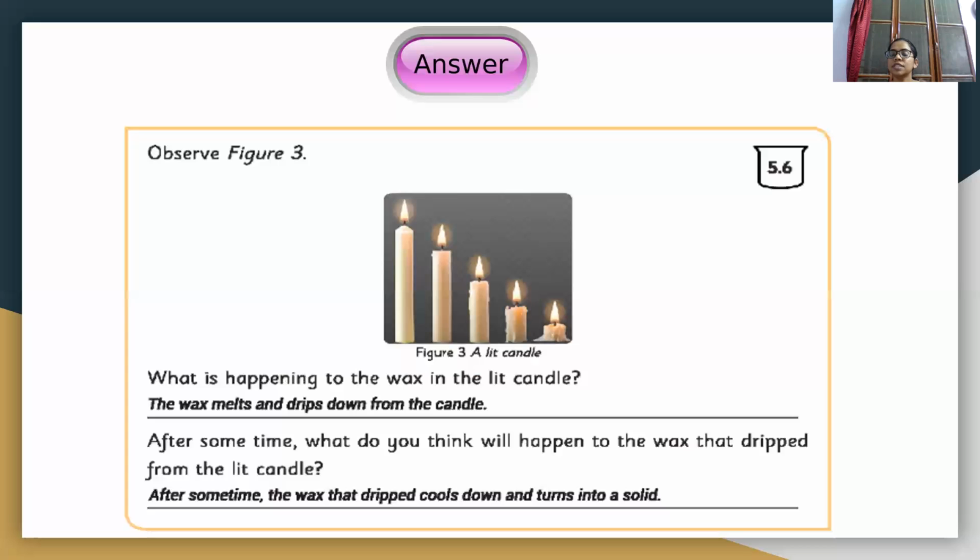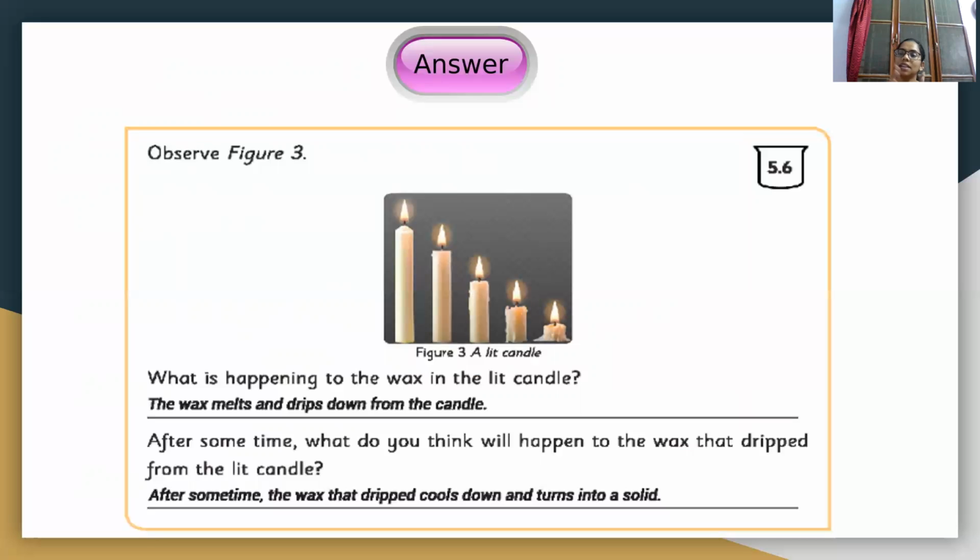First the candle is a solid before the lighting process. After we light the candle, it starts melting. Okay, so solid is converted into liquid, that is called melting. Afterwards, again, the wax which drips down from the candle starts cooling down and finally converts into a solid.